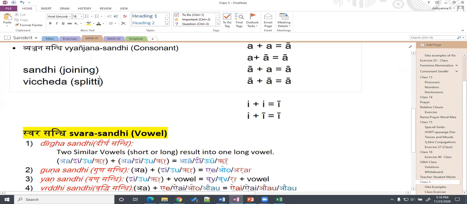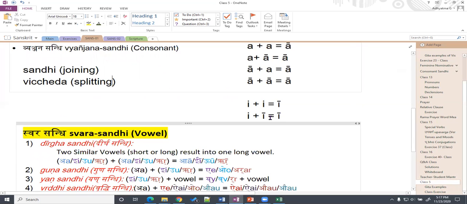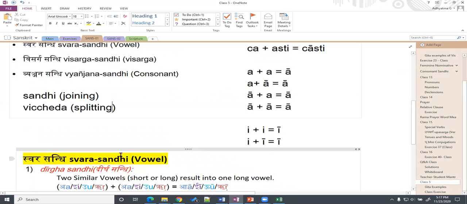In order to understand any text, it is very important that you split the sandhi words, otherwise we can never make sense of any text. Sandhi rules are essential for that, but you also need the underlying knowledge of the words.